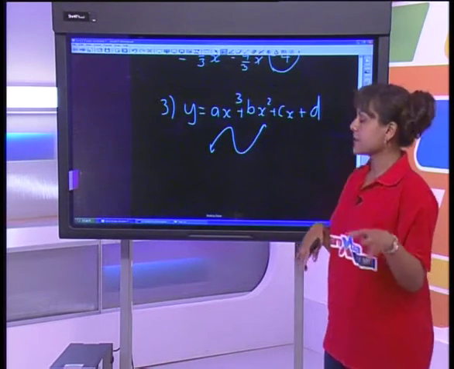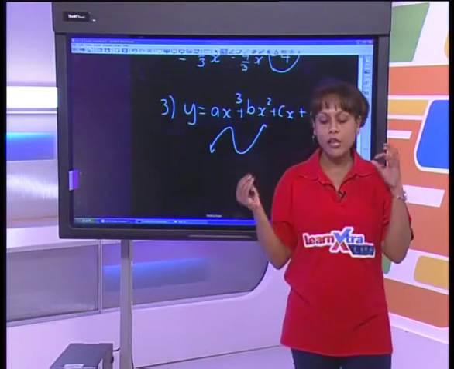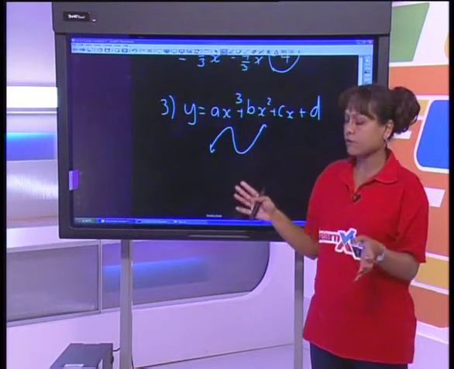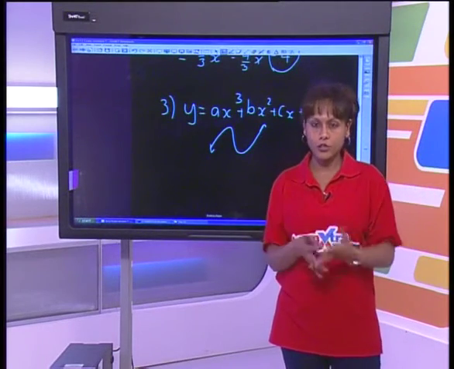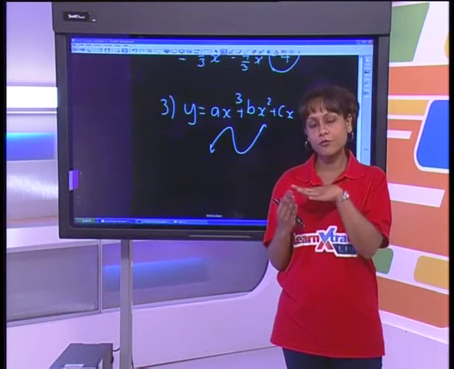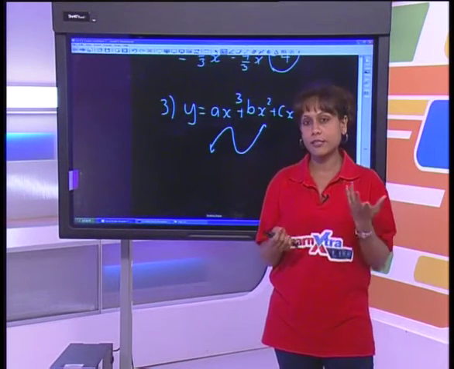Okay, now guys, if you think about it, because remember, when you're trying to find the turning points of this cubic graph, how do you find turning points? Okay, remember, when you find turning points, you have to find the derivative and you make it equal to 0.